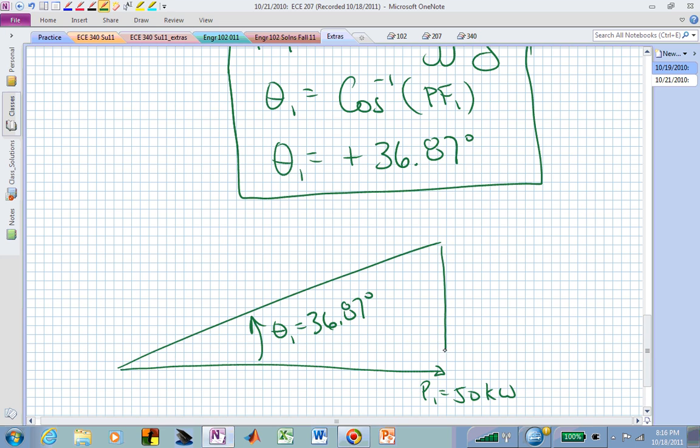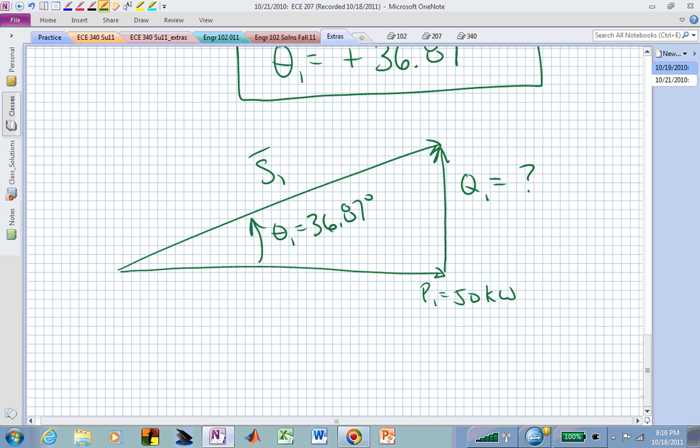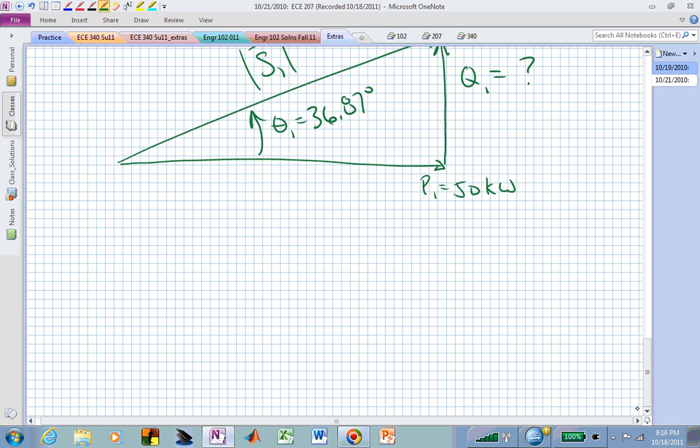We can now actually determine from trigonometry what Q1 is, and we can also find what S1 is in terms of the magnitude. We know the angle is at an angle of 36.87. So if we just want the length of the hypotenuse, that's the apparent power, S sub 1.